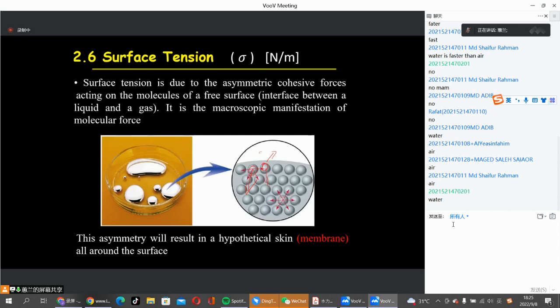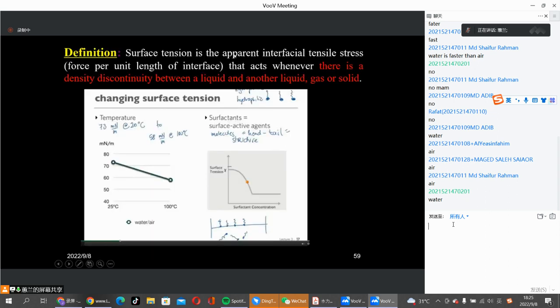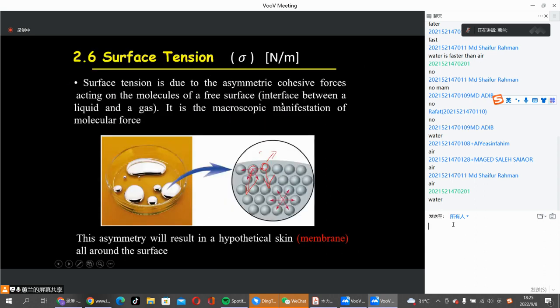The force will go inward, so the free surface, or interface, or membrane, will have a tensile force that makes the interface shrink, giving it a skin-like behavior.